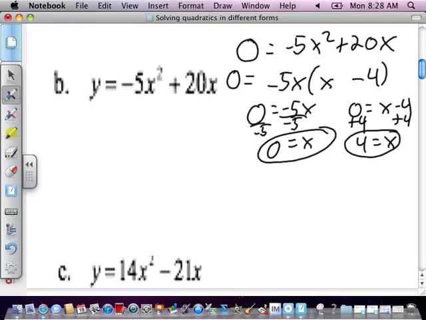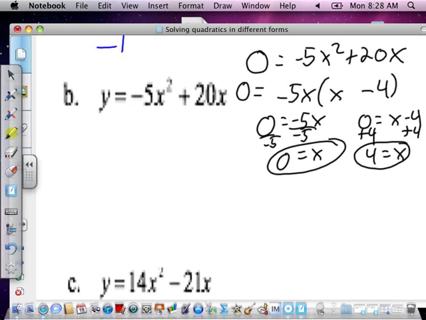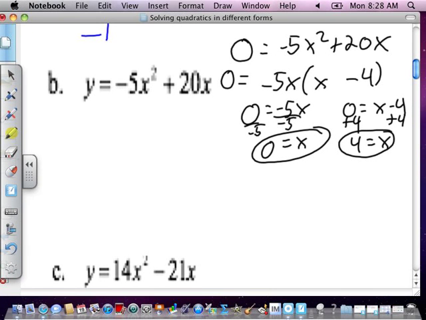Who remembers how to find the vertex? You guys remember that formula? Negative b over 2a. Which one up there is b? 20. So I have negative 20 over 2 times, which one's a? Negative 5.